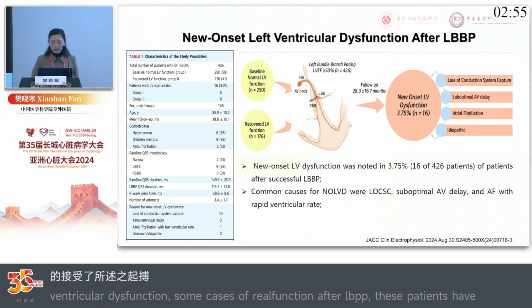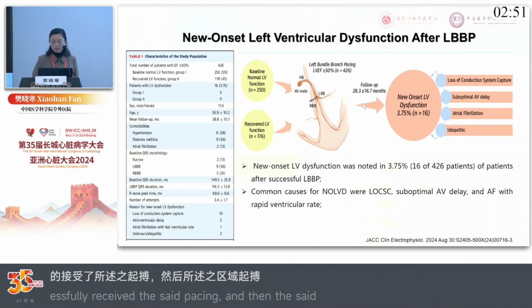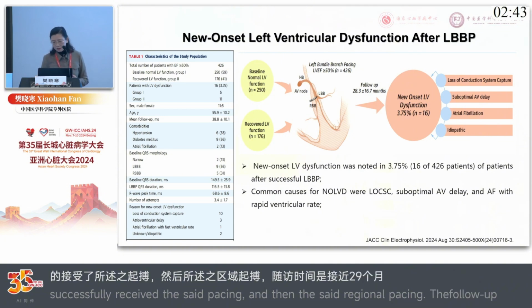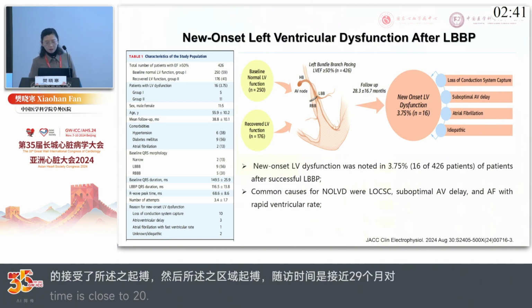So after a mean follow-up of 28 months, 75% patients have the new onset left ventricular dysfunction.